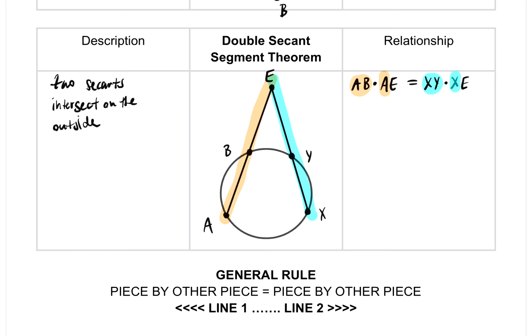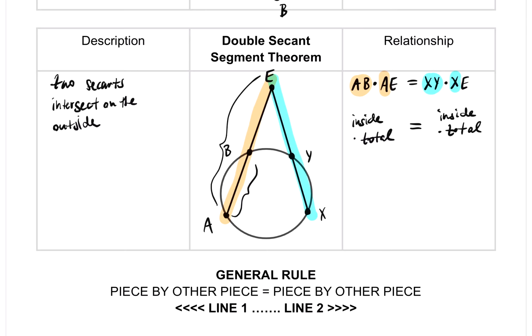So XY and XE. The easy way to think of this is: inside times total is equal to inside times total. Inside times total right here is equal to the inside times the total, okay?